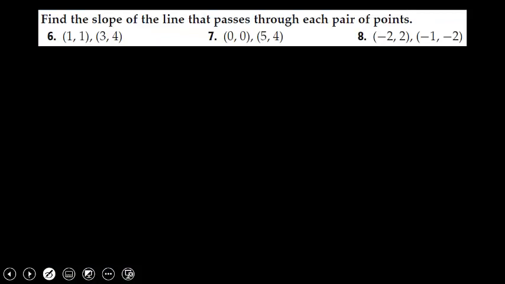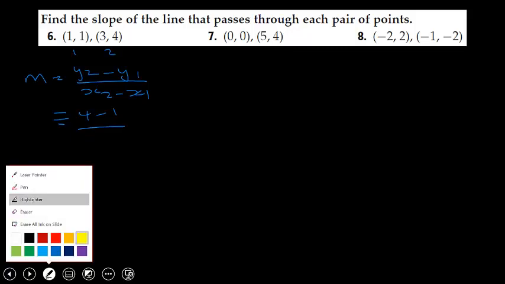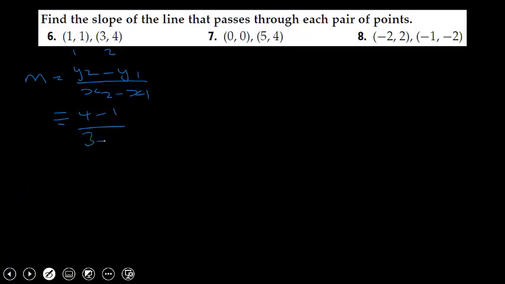Find the slope of the line that passes through each pair of points. So I'm going to name this point 1 and this point 2, and m is equal to y2 minus y1 over x2 minus x1. That is equal to 4 minus 1 over 3 minus 1.